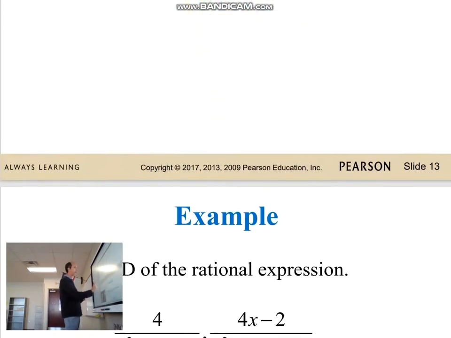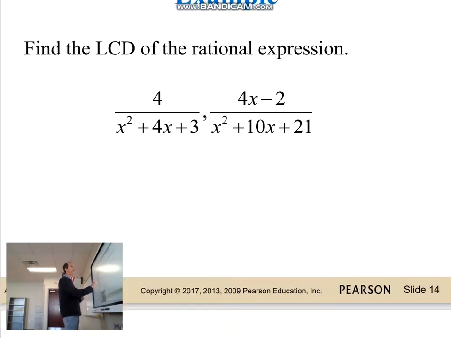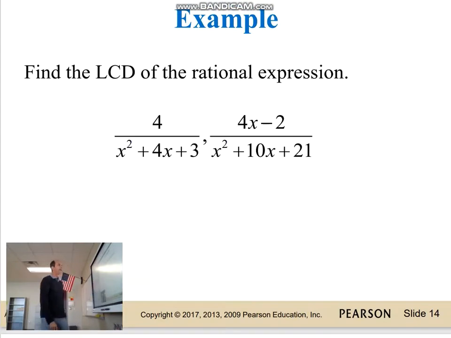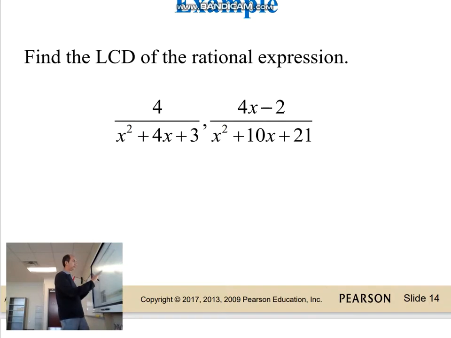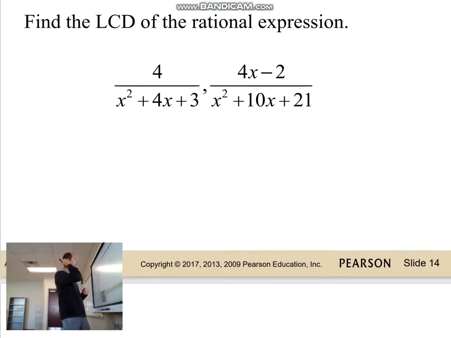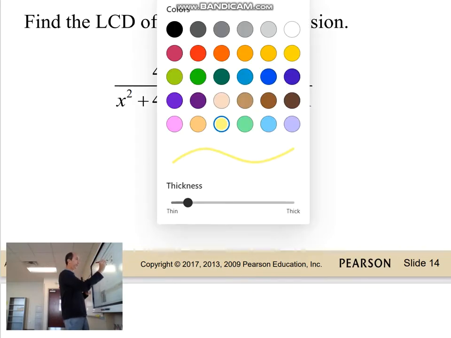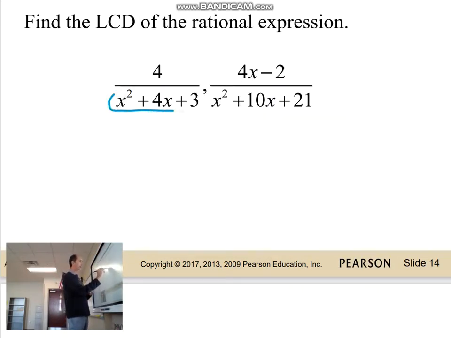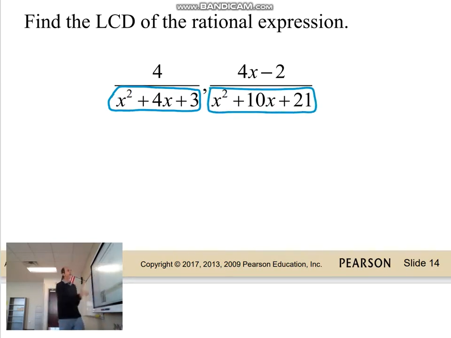Okay, now another example. Find the least common denominator of the rational expressions. So we have a few rational expressions here. Now let's factor. Focus on the denominators. Factor each denominator. X squared plus 4x plus 3.